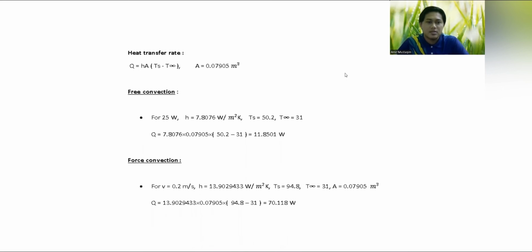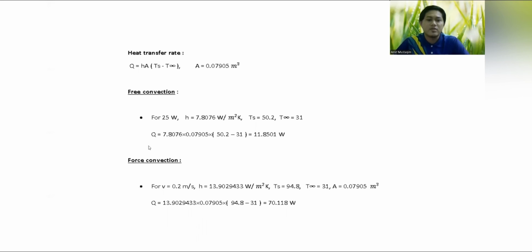The next is the calculation for heat transfer rate. For heat transfer rate, we use Q equal to hA multiplied by (Ts minus T infinity). Here h is the heat transfer coefficient, A is area, Ts is surface temperature, and T infinity is the ambient temperature. For both free convection and forced convection, we use the same equation.